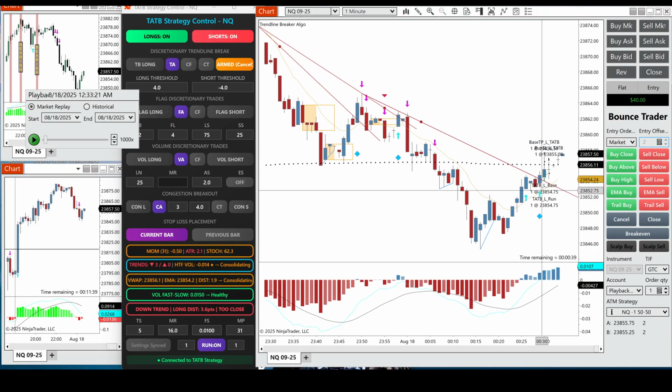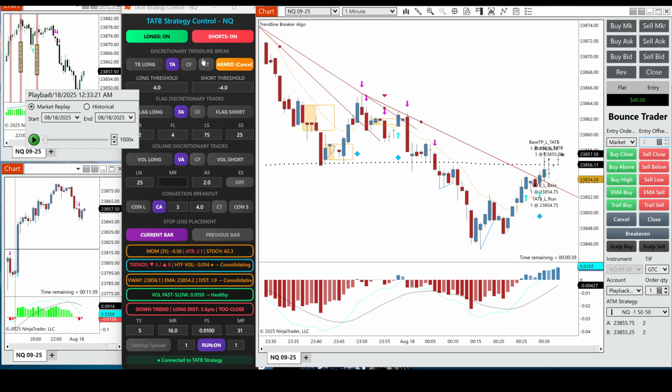Okay, so this took a trendline break, but it actually was a compound trade, because this square represents a trendline breakout, and this arrow represents a volume. So on this bar, it took the trade, even though we didn't specify this.